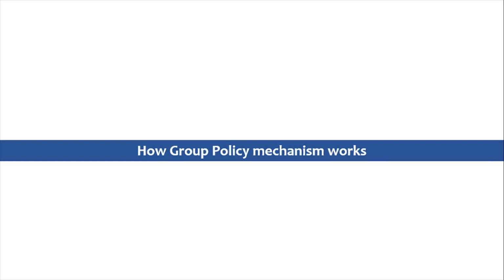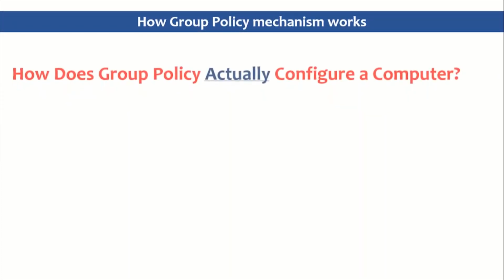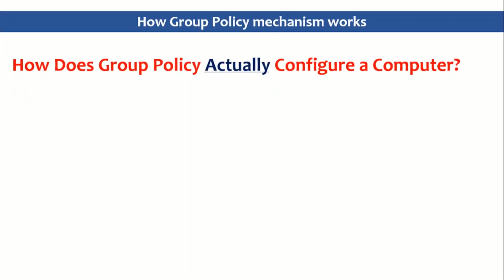Now how does the group policy mechanism work? When I started my career, whenever I logged on to my desktop, I used to get a wallpaper, and the command prompt was disabled. I was not able to disable and enable the local area connection.